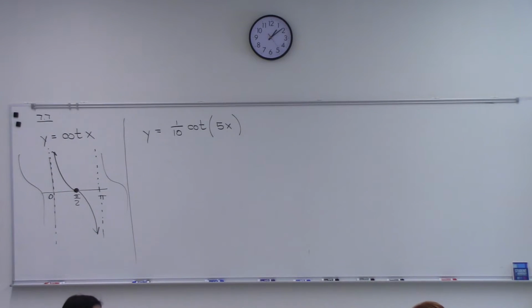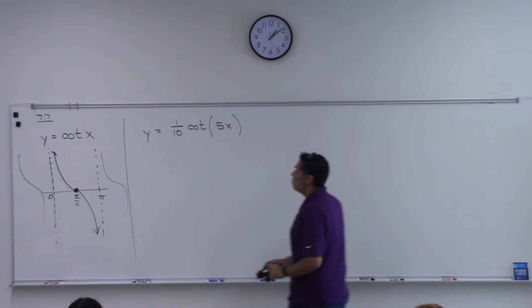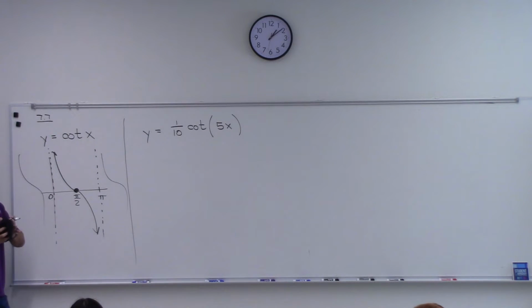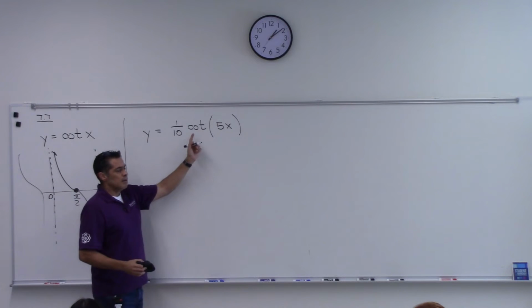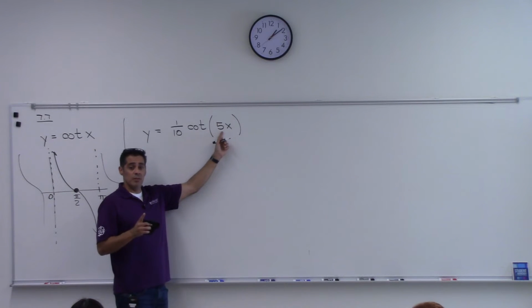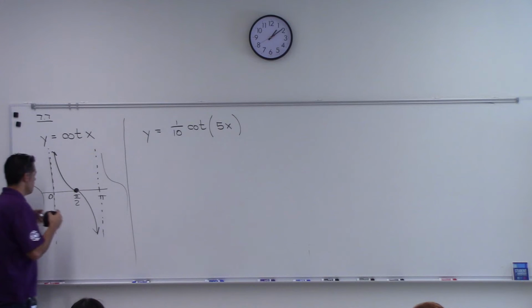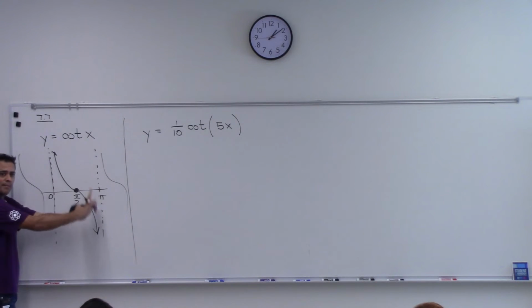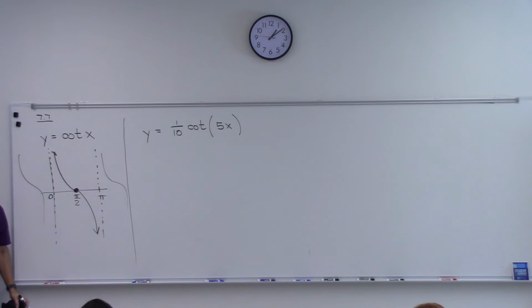So what do you think I'm going to start with? What am I doing? Start with the argument and set it equal to 0, pi over 2, and pi. Those are the three important points for cotangent.